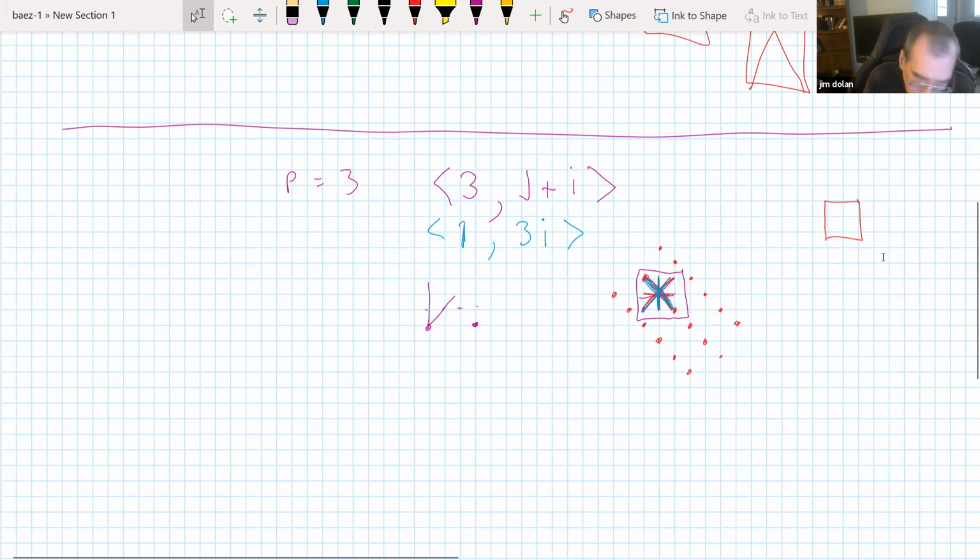Because we're working mod 3 and everything, it will actually stay inside this set of 4 lattices. And okay, can you do it? Have you done it?